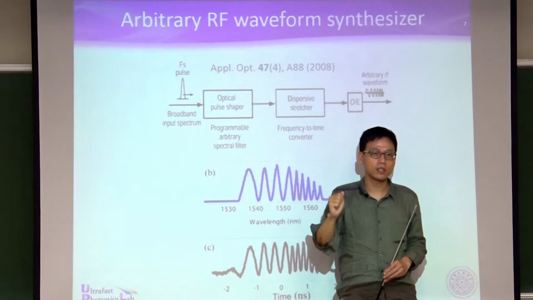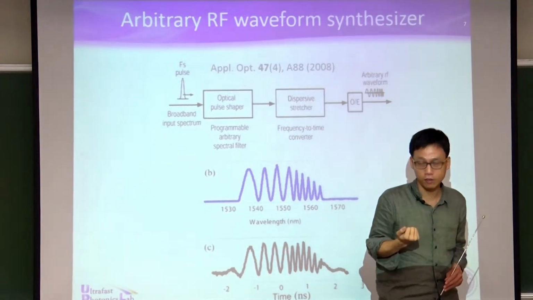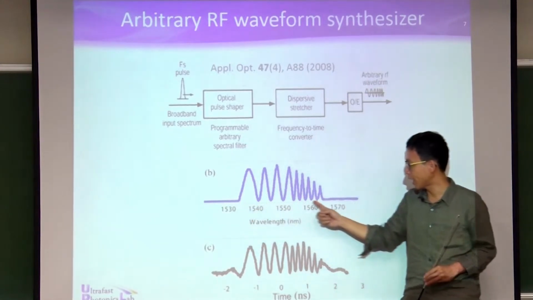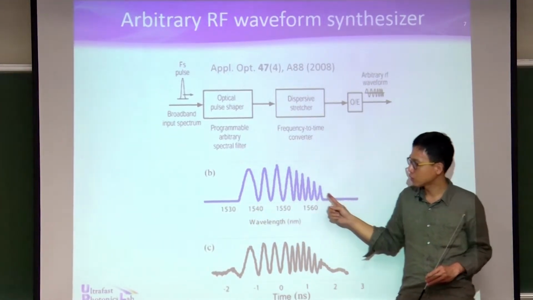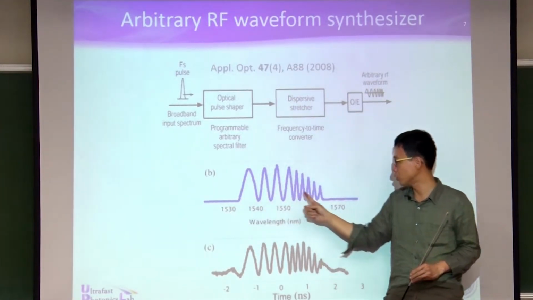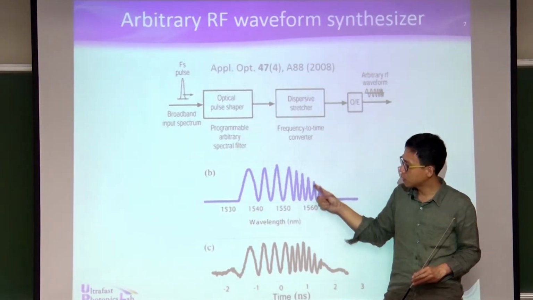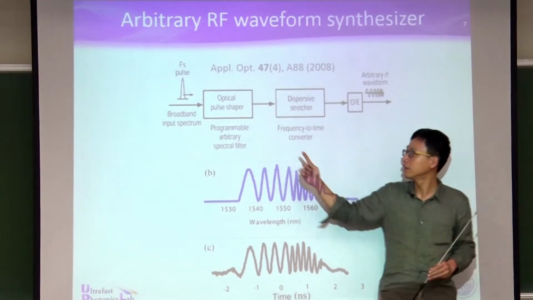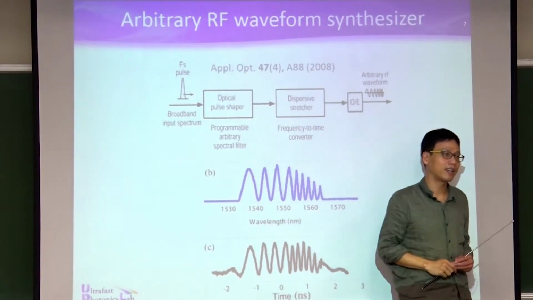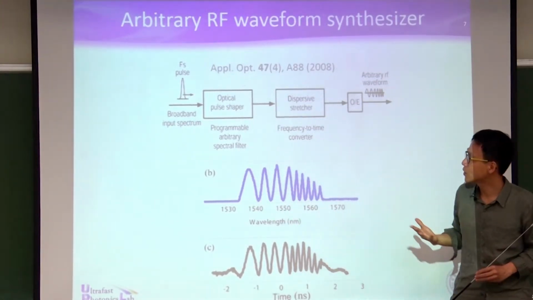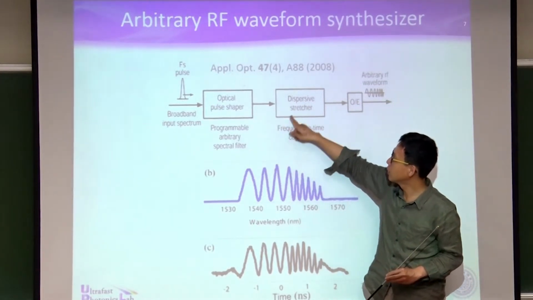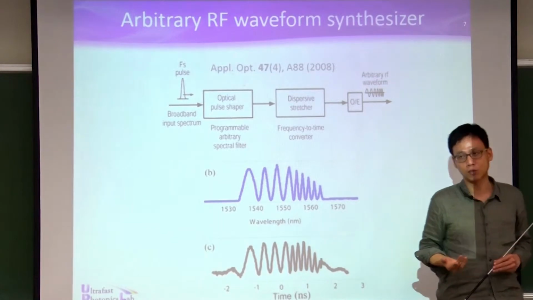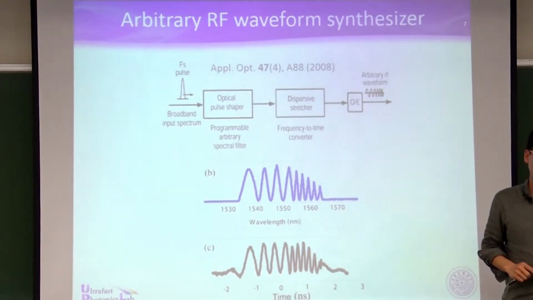Spectrum means signal in the frequency domain. For example, figure B, the horizontal axis is wavelengths. So from shorter wavelengths to longer wavelengths, you can manipulate the shape of your spectrum by the pulse shaper. Okay? Then you send the waveform, this one, into a dispersive stretcher, which we will introduce as well by the end of this semester.